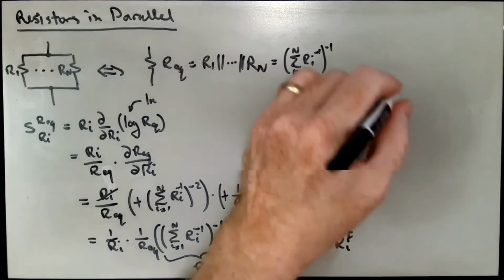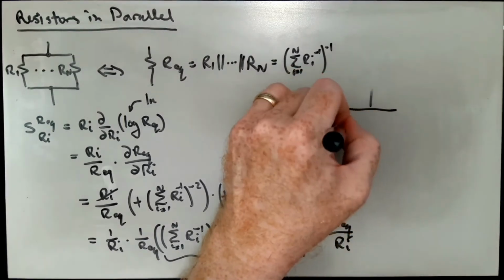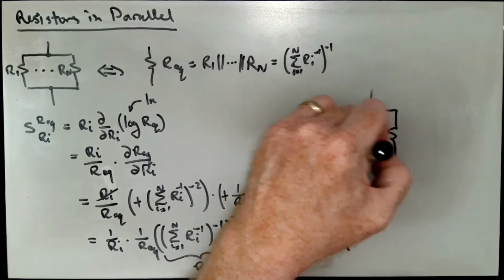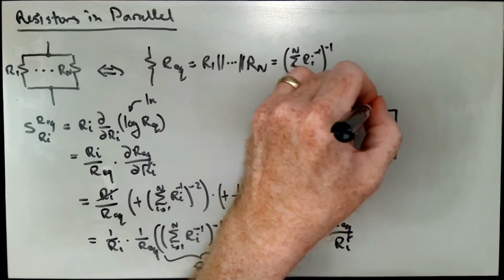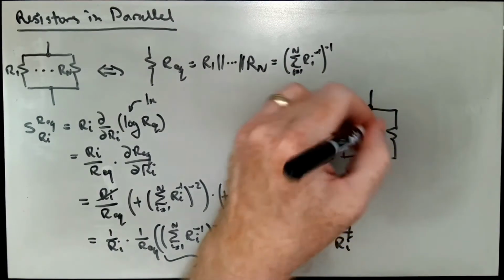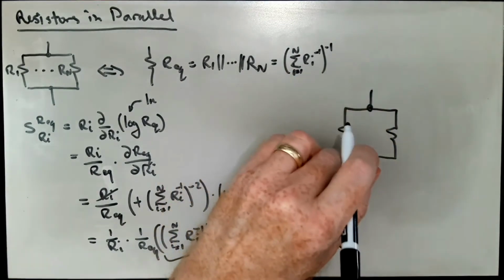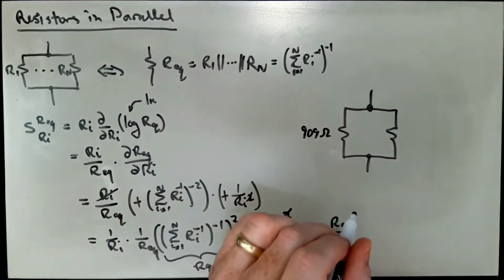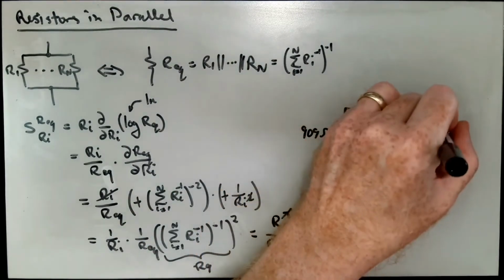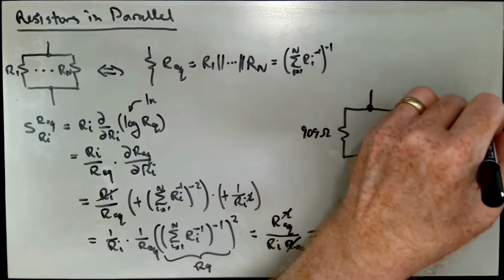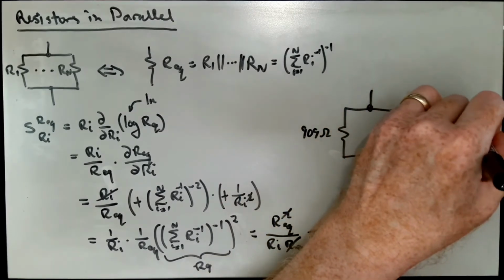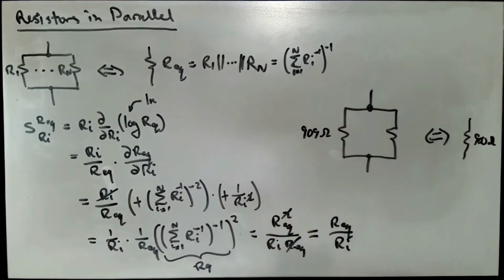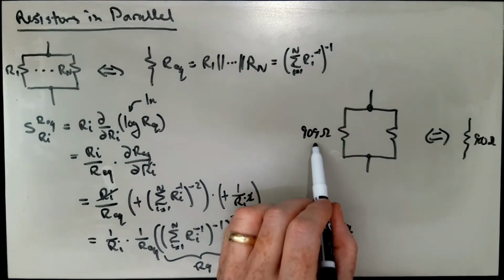But if I have a parallel combination of two resistors, suppose I have like, I don't know, a 909 ohm resistor, and I would like to make that into a 900 ohm resistor. So this is the closest 1% standard resistor value to 900 ohms.